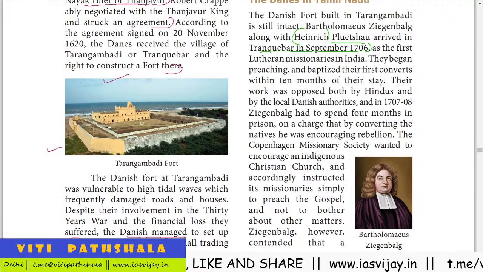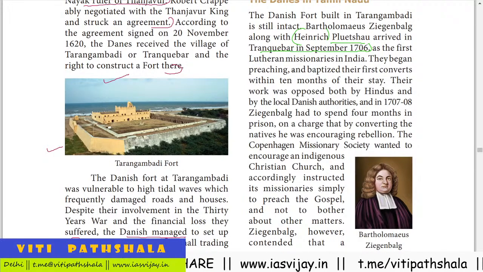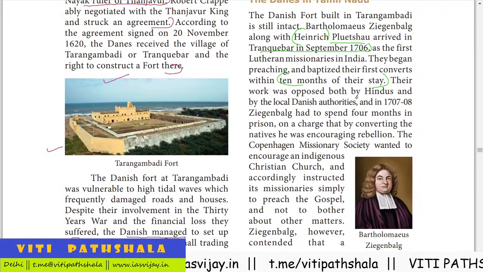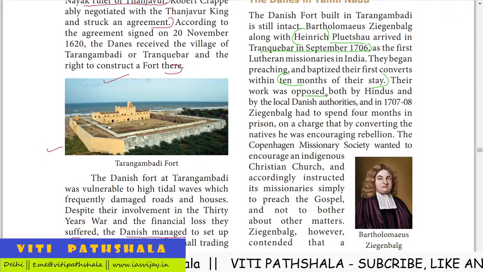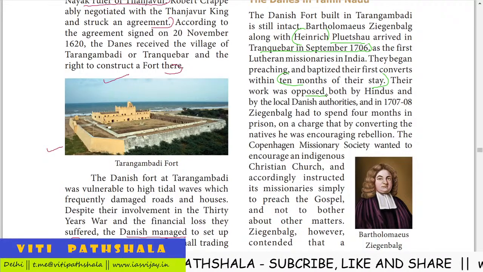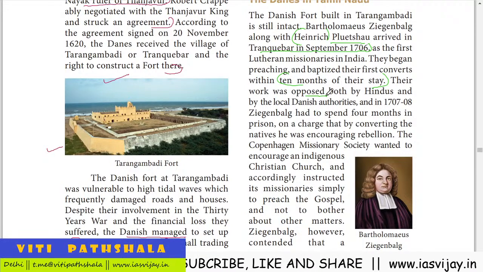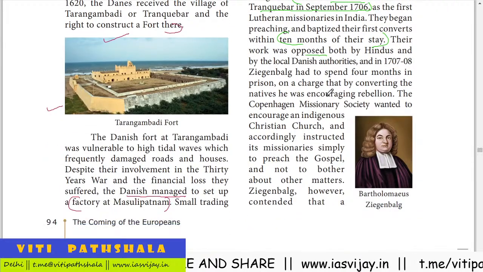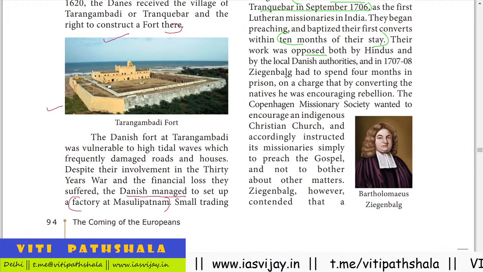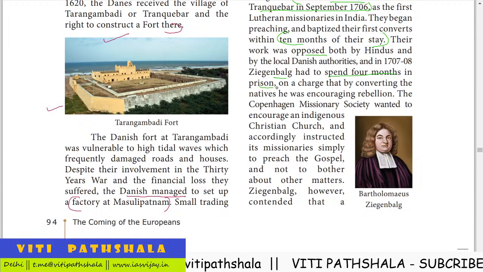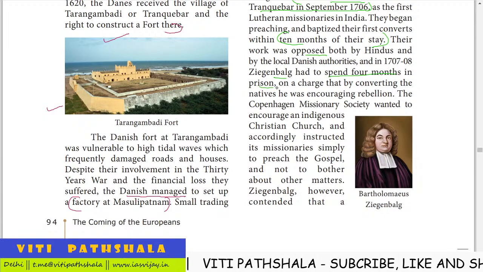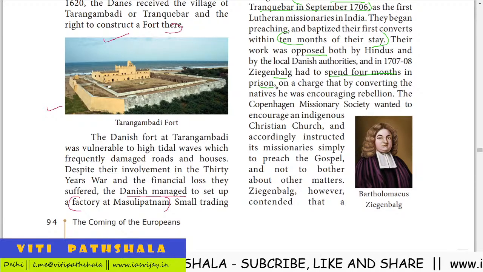They began preaching and baptized their first converts within 10 months of their stay. Their work was opposed both by the Hindus and by the local Danish authorities. And in 1707 or 08, Ziegenbalg had to spend 4 months in prison on a charge that by converting the natives he was encouraging rebellion.